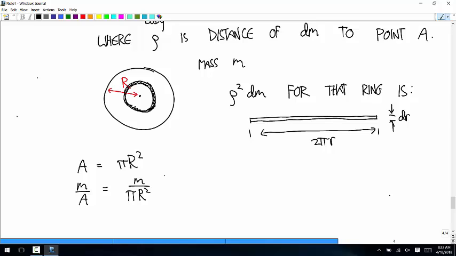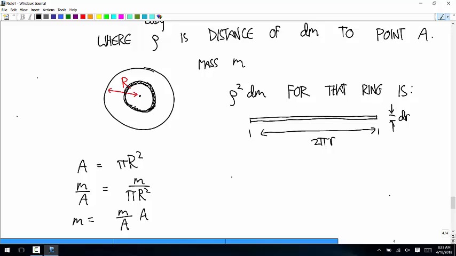This is where it's going to get a little messy, actually. But anyways, the mass is equal to the mass per area times the area, obviously. I'm just doing that so I can rewrite this in terms of area instead of mass.